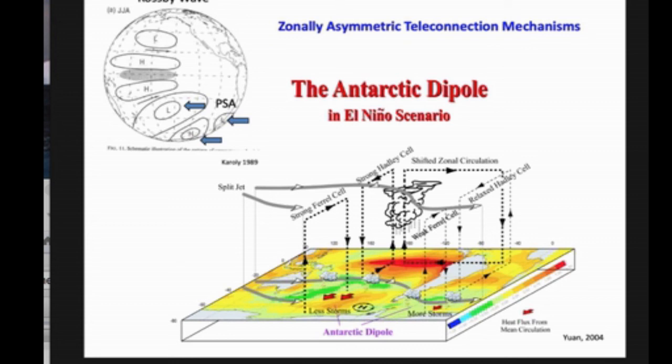It becomes stronger on the Pacific side and weaker on the Atlantic side. Those are the meridional heat transports into the region. And associated with this, the warm SST gets a stronger Hadley cell in the Pacific.